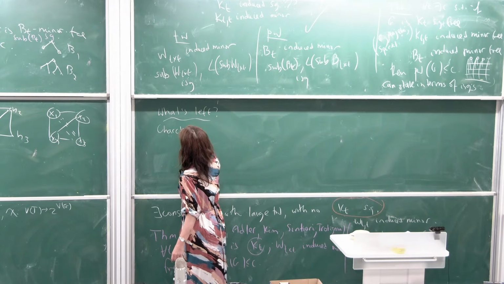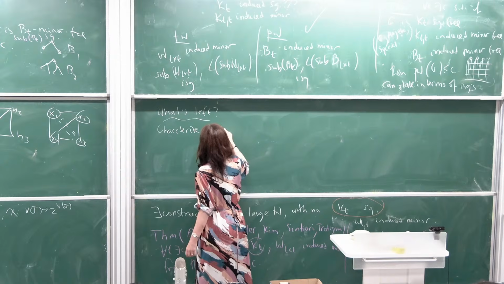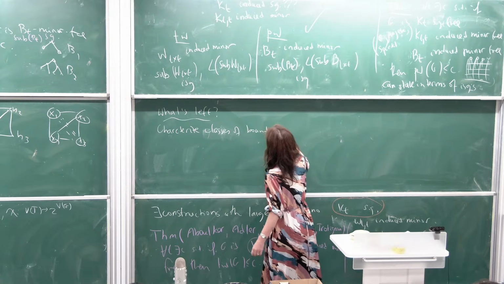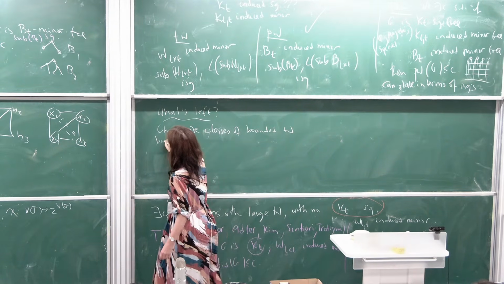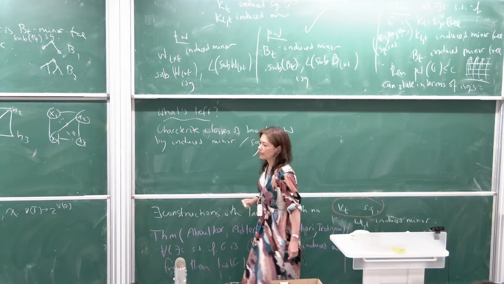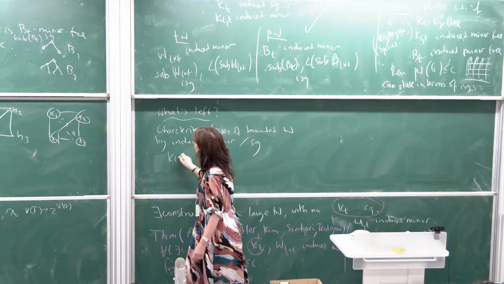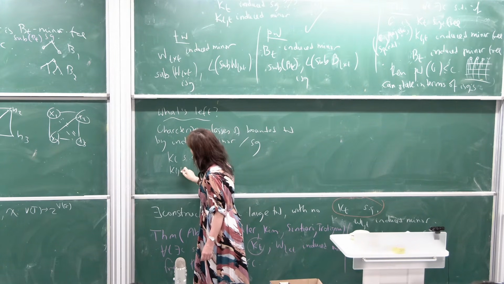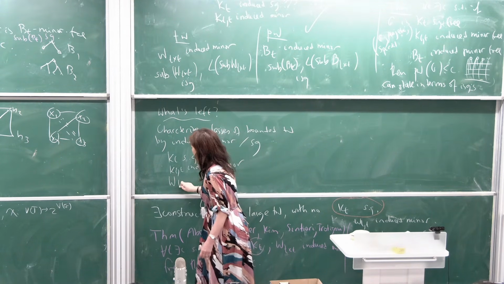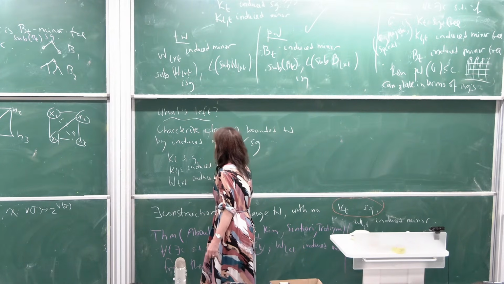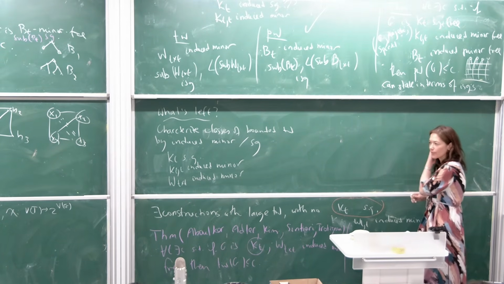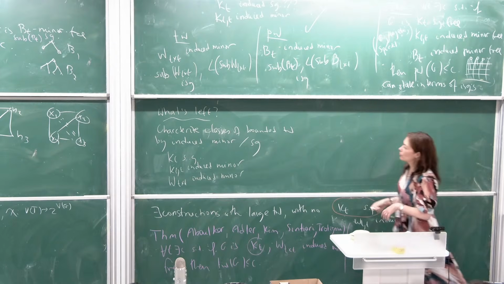Characterize classes of bounded treewidth by induced minor or subgraph, where we know that we forbid K_t subgraph, K_t induced minor, and W_{t×t} induced minor, and as I already said, if you prefer induced subgraphs, you can restate this in terms of induced subgraphs. Okay.